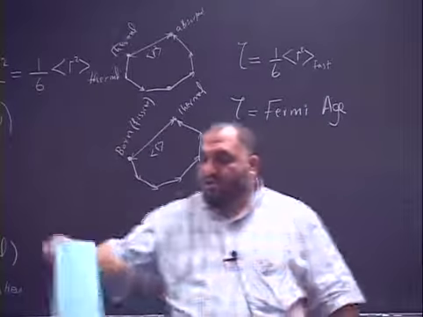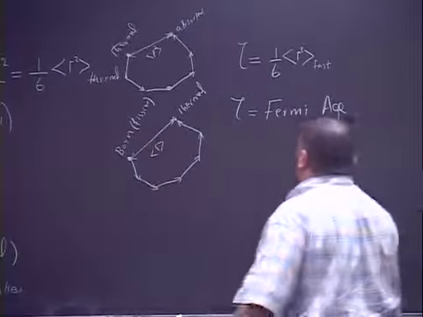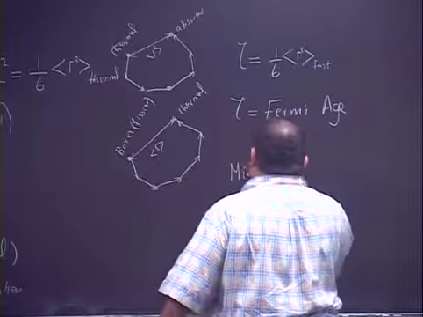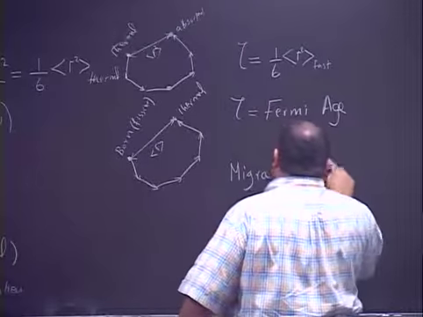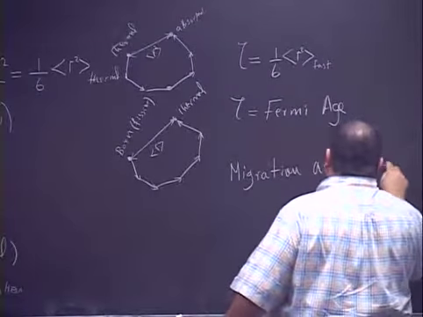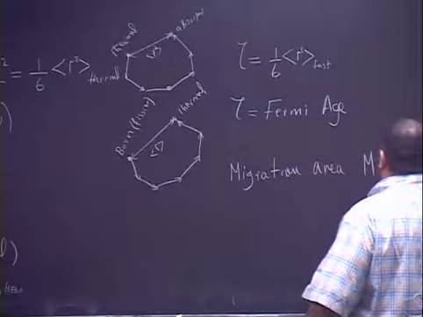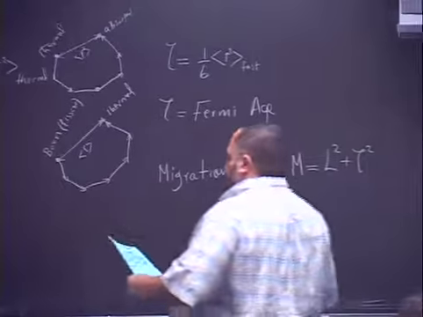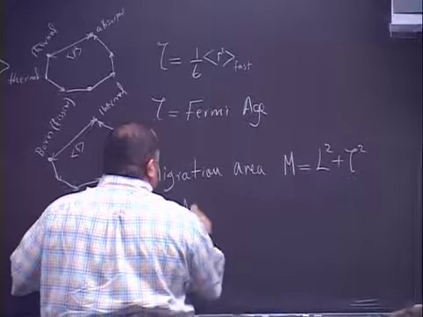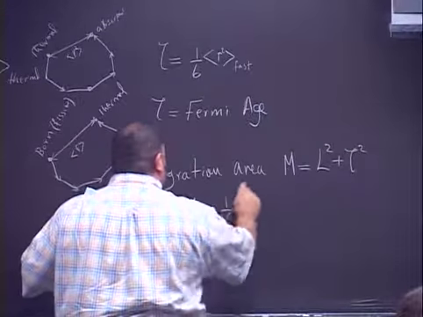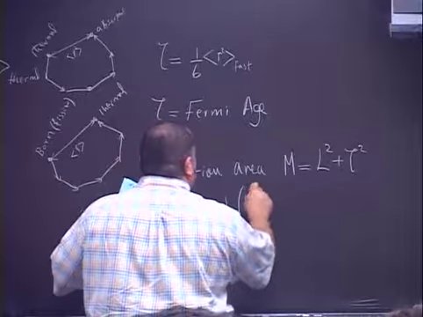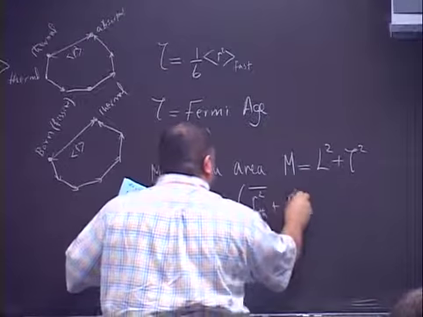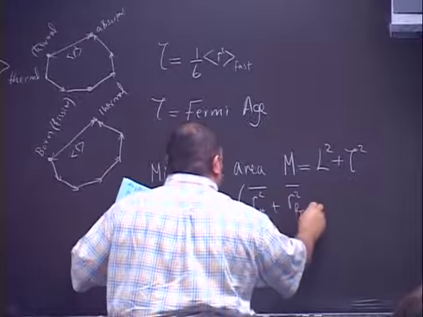So now the migration area is defined as M, and it is equal to L squared plus tau squared. So M is nothing more than 1/6 R squared average for the thermal plus R squared average for the fast.